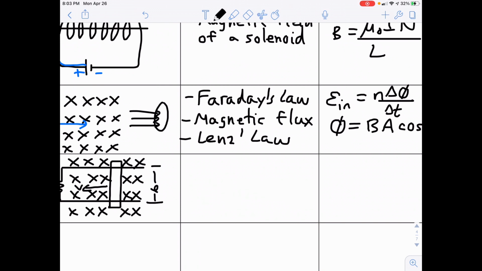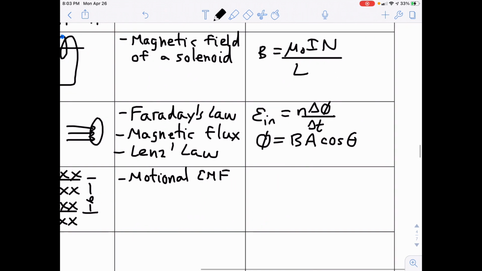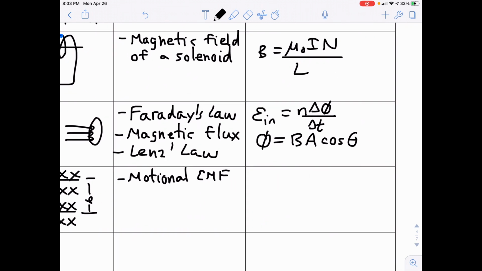So it's a specialized form of Faraday's law, and it's referred to as motional EMF. And the equation that gets derived from Faraday's law is the induced EMF is equal to the field times the length between the side rails times the velocity of the bar as it's moving.